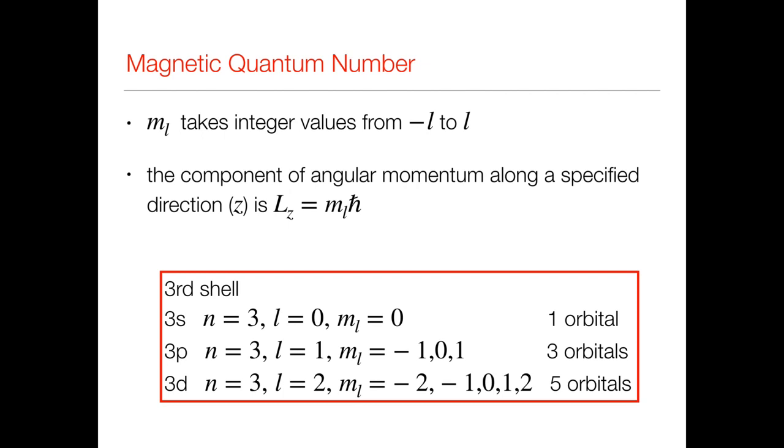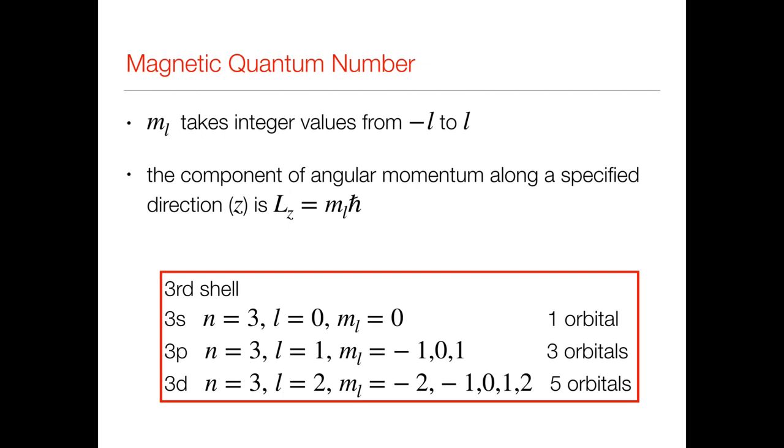Again, it's quantized. If we consider, for example, the third shell, what possible values could we have? We've got n is 3, so l could be 0, and m_l, no choice there, it also has to be 0, so there's one orbital with that set of quantum numbers.